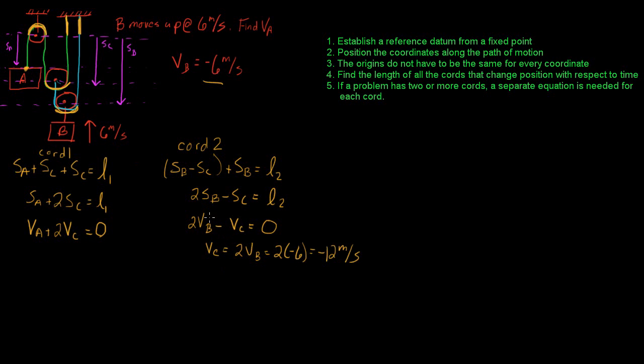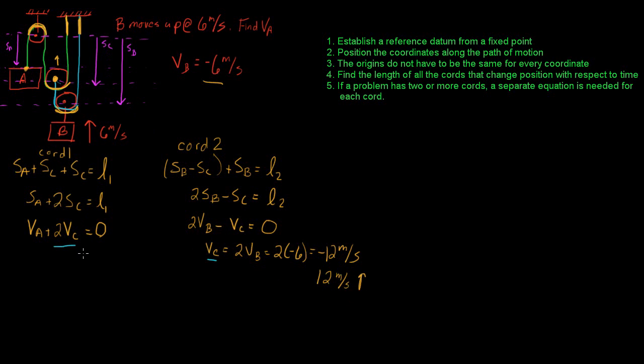What this means is that this pulley right here is moving at 12 meters per second in the upward direction. It's negative because it's opposing our positive convention. So 12 meters per second up. With this equation, we now have what VC is equal to.